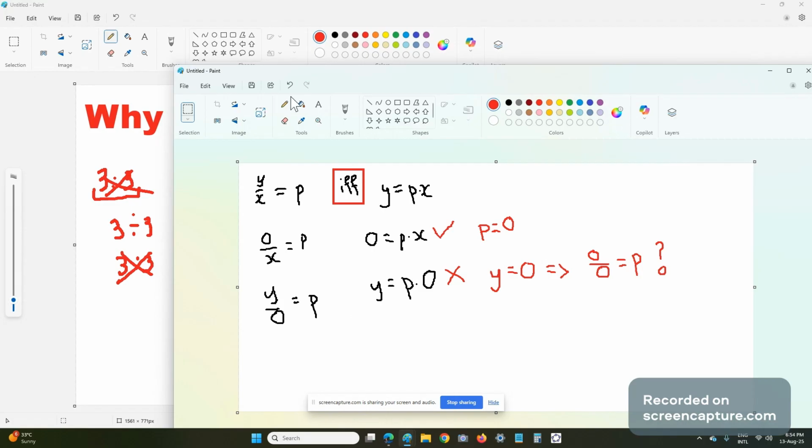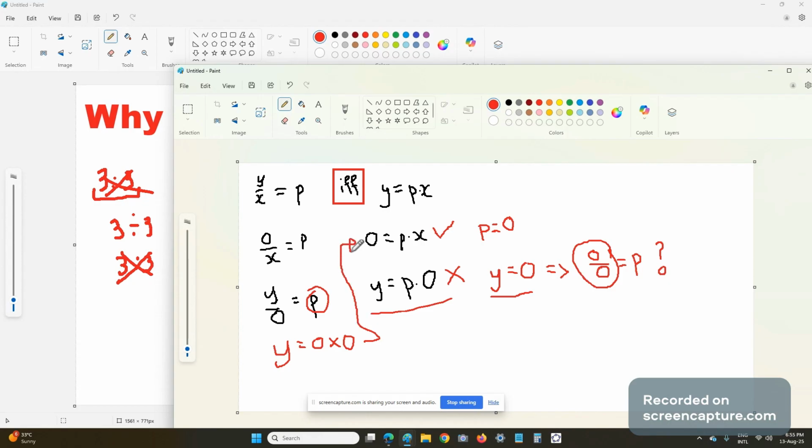And then, of course, in the final one, we have y divided by 0 is p. This would lead to the conclusion that y is equal to p times 0, which means y must be 0, and that implies that p is equal to 0 over 0. Okay, so p is equal to 0, and of course y is equal to 0 times 0, which is a result that we just blinked our eyes at in this one here, isn't it?